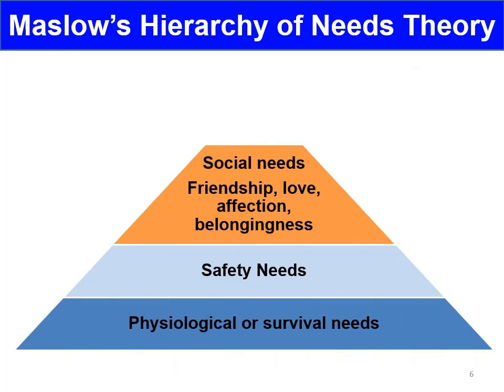And after fulfilling the physiological or survival needs and the safety needs, the third one we can see is the social needs, where people want to feel friendship, love between human beings, affection, feelings, as well as belonging ataupun kekitaan dalam sesebuah keluarga, organisasi maupun syarikat.